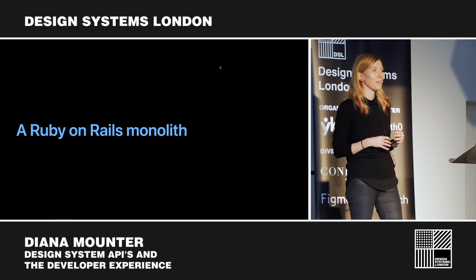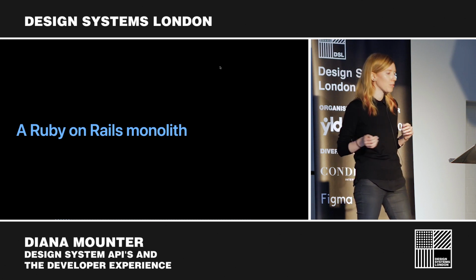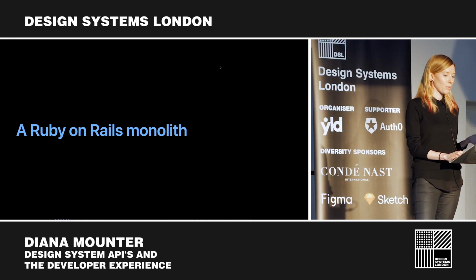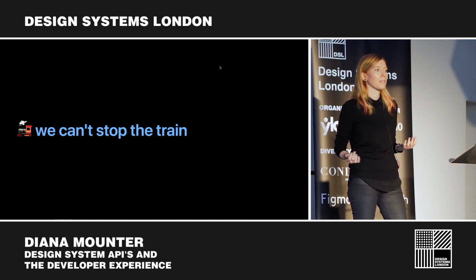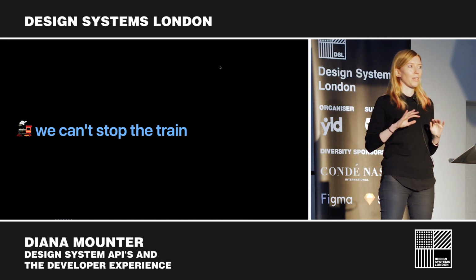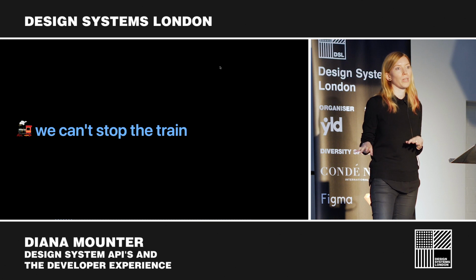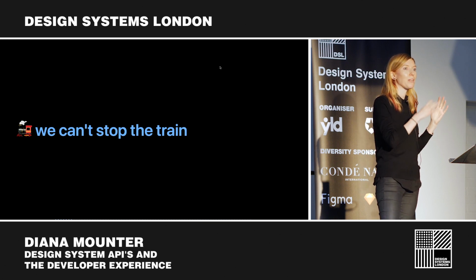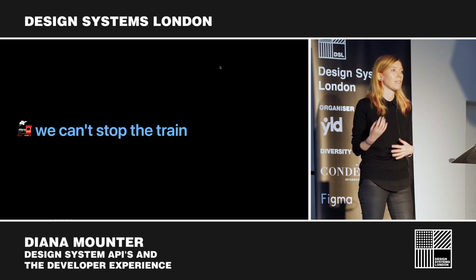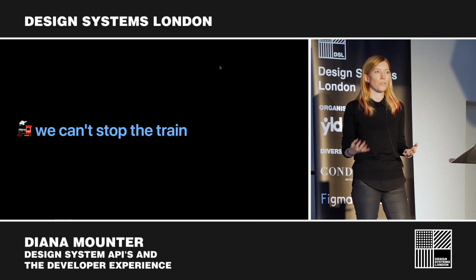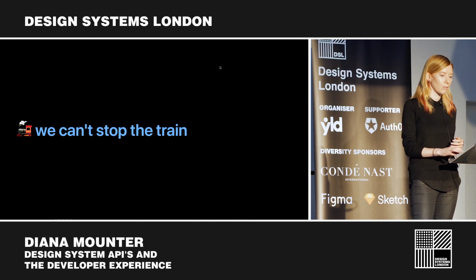So all the code for github.com is in one repo, or most of it anyway, which is also kind of fun. When we started off the design systems team, we couldn't just say, hey, everyone, can you pause for a second on what you're doing while we go off and build this better version of Primer and then carry on? We had to build it, update it, and introduce real systems while the train was still moving.